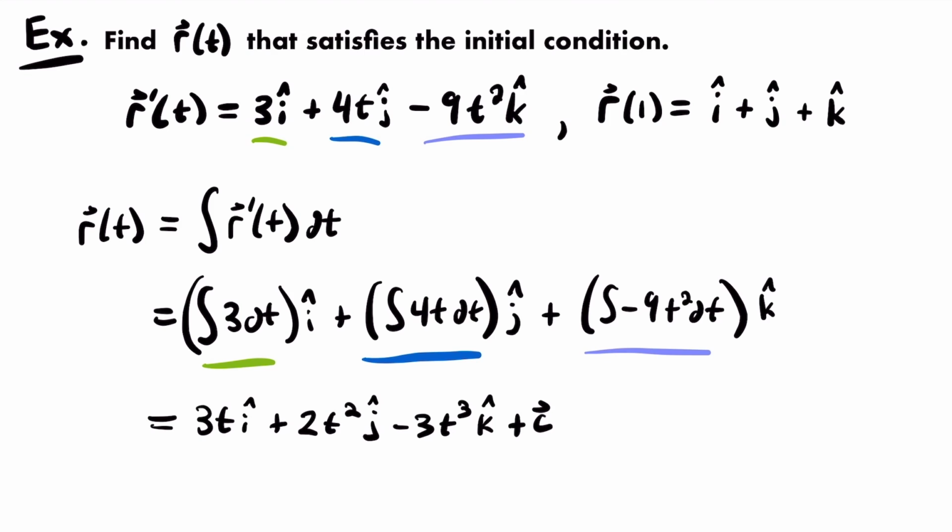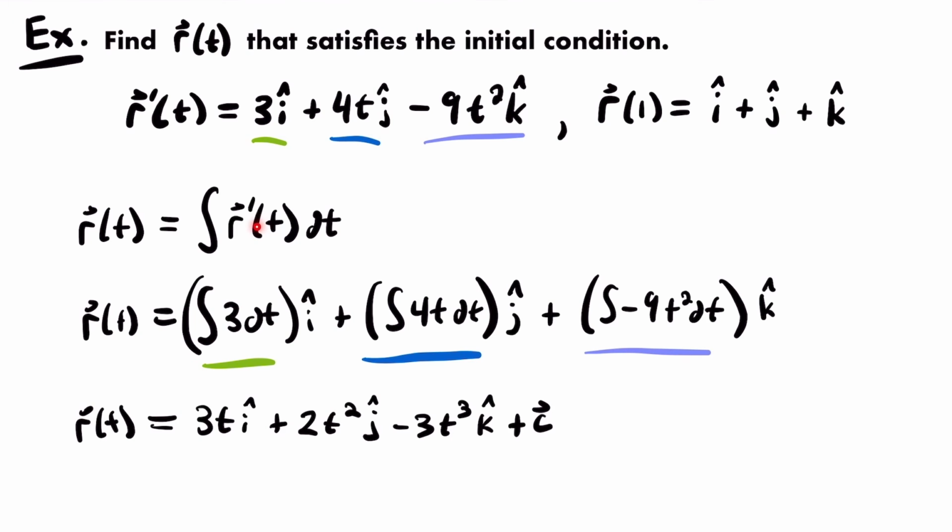All right, so in our previous examples for indefinite integrals, we would be done, right? This is where we stopped. We found the general solution to our indefinite integral, but now in this case, we can actually find a particular solution because we know that when t is equal to 1, or when we plug 1 into the vector function, this is what we get. All right, so what we found here is the vector r of t, because we integrated its derivative.